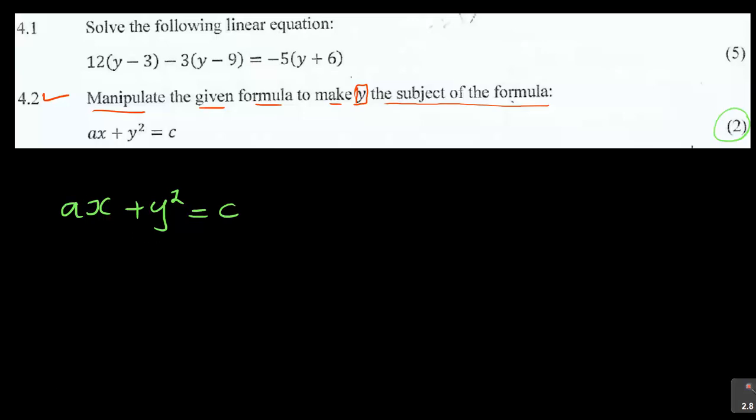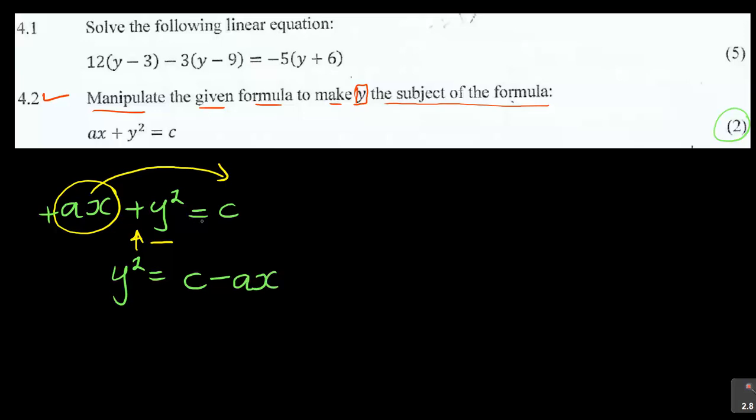First things first, I need to remain with y, but ax is disturbing the part. Take it to the other side because there is a plus. So what I have there is y squared is equal to c. It's positive, remember, so it's minus ax after jumping the equal sign. Then how do you remove the square on y?